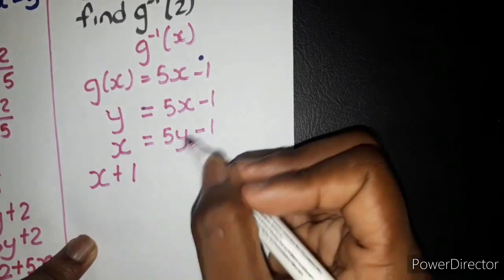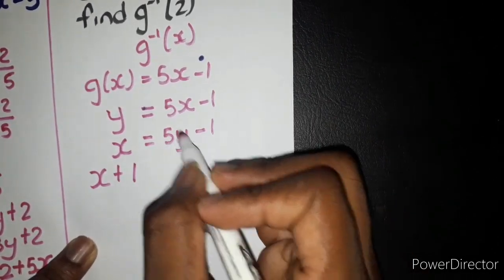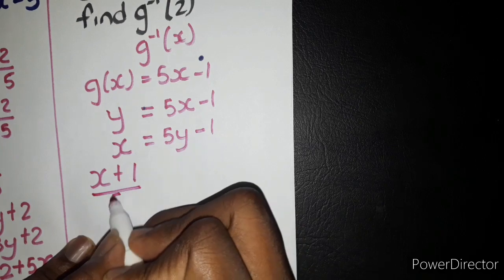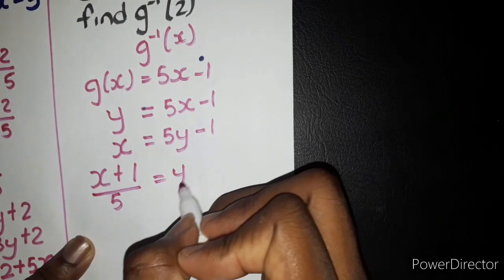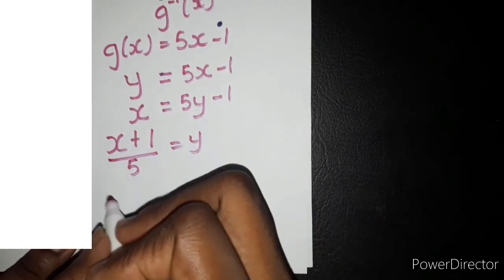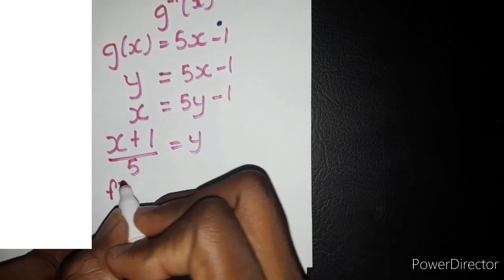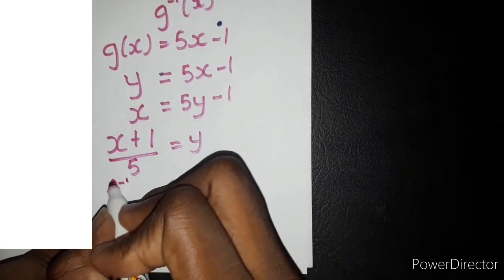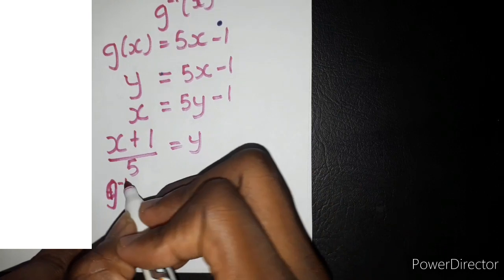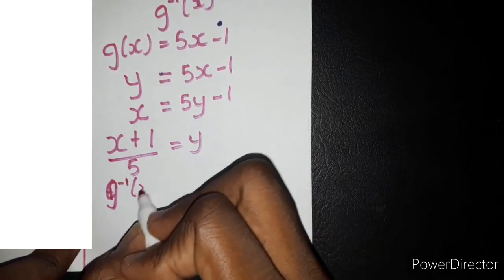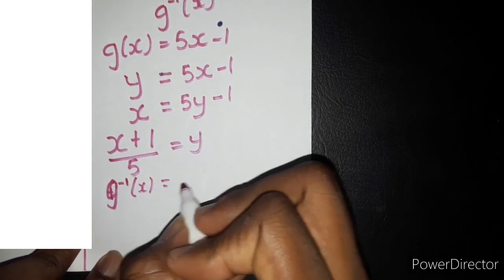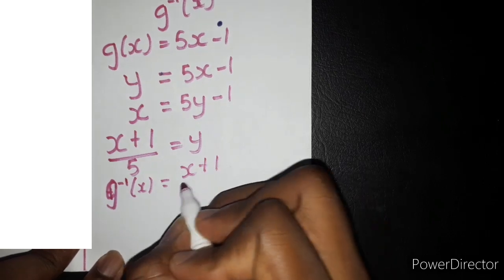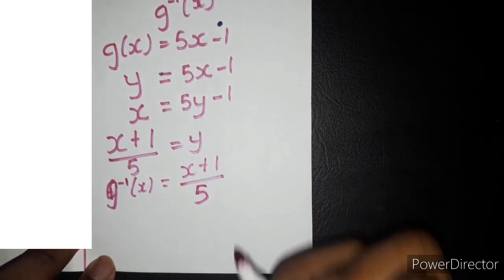And this 5 is multiplying, so when you take it over, it will divide. And that is equal to y. So the inverse of g of x is equal to x plus 1 divided by 5.